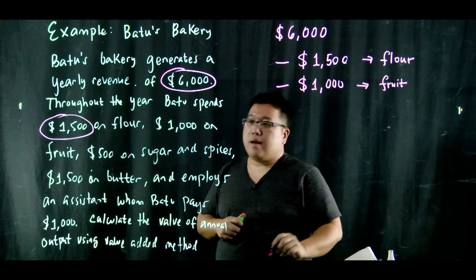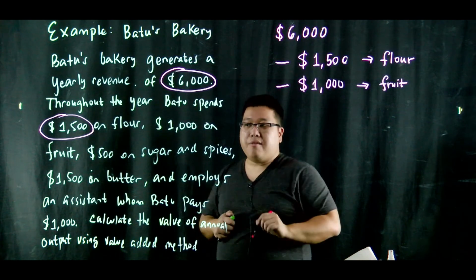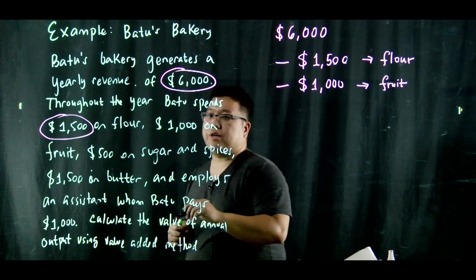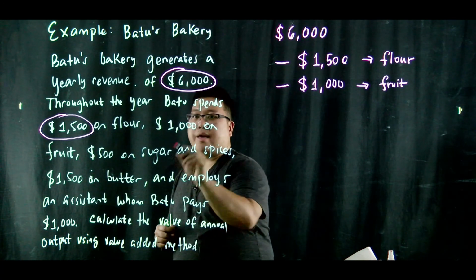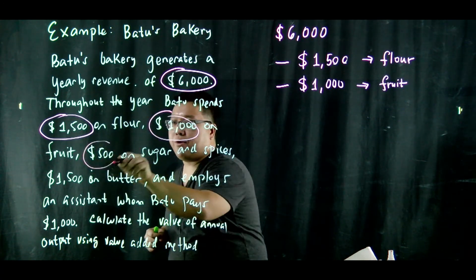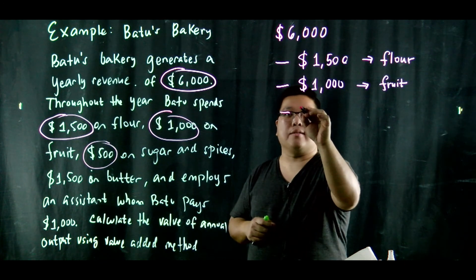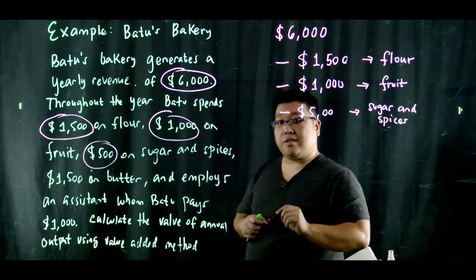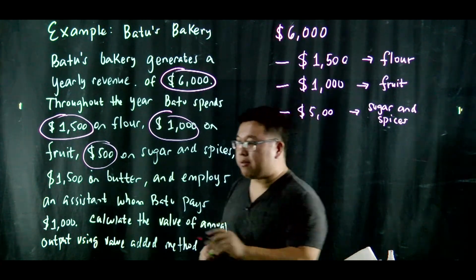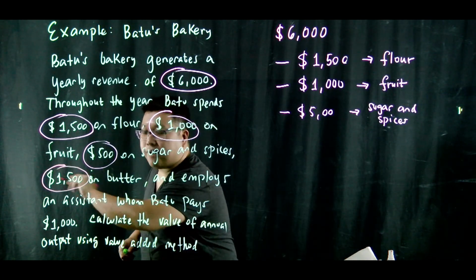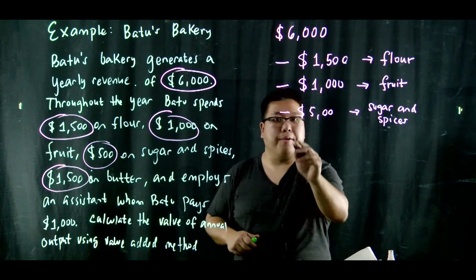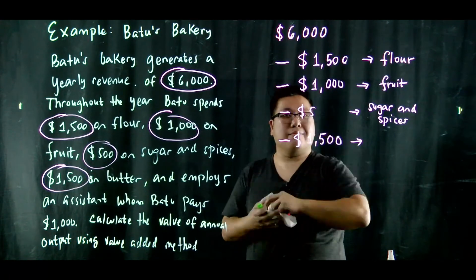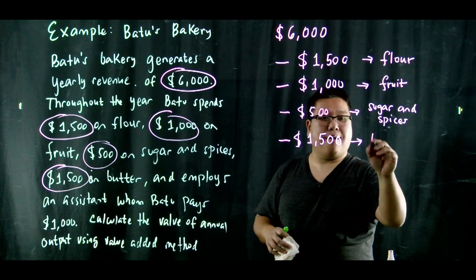Here we have 1,000 for fruit. Here you have 500 for sugar and spices. And since this is a bakery, Batu uses butter, so we have to subtract the value of the intermediate good, butter, 1,500.